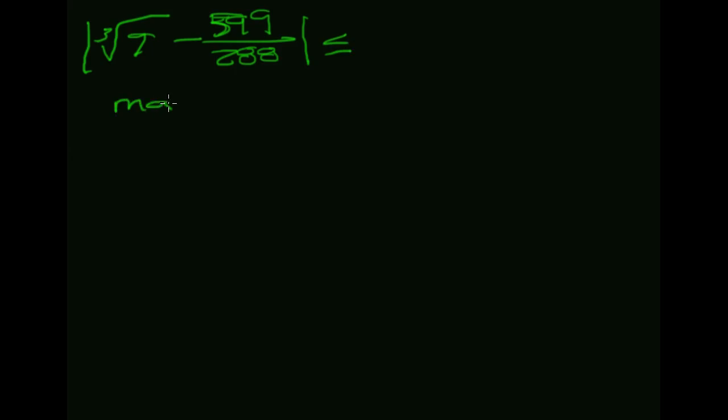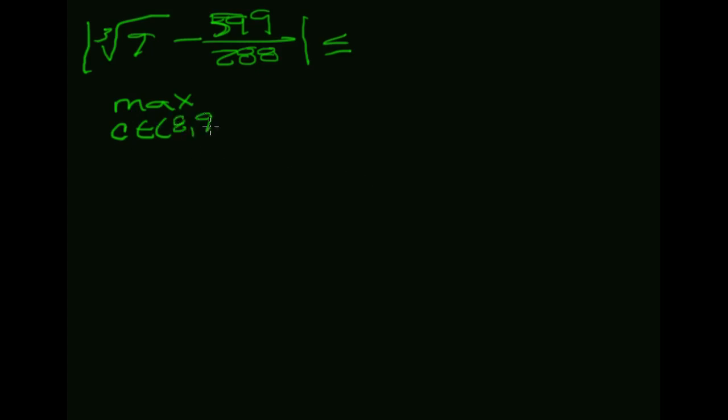Okay, so we know that the difference between the cube root of 9 and 599 over 288 has to be less than or equal to the maximum, when C is on the interval from, well, A we know. A is 8.